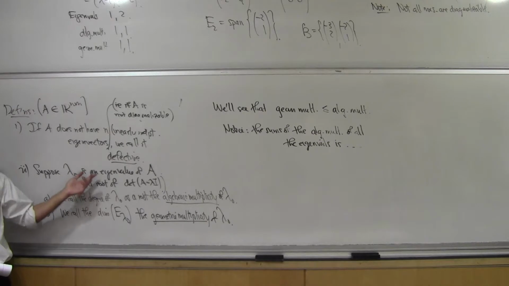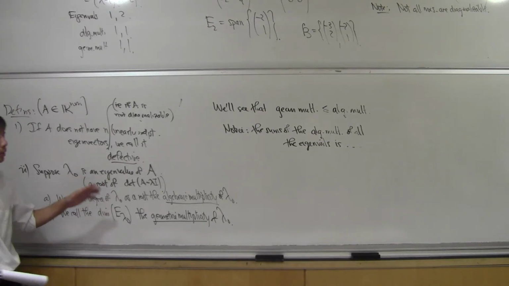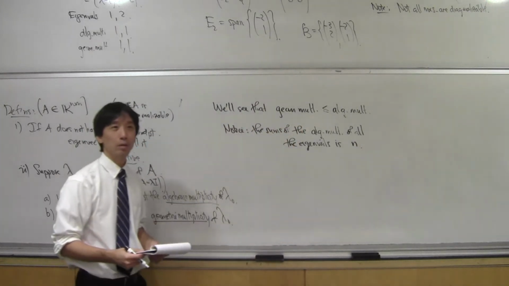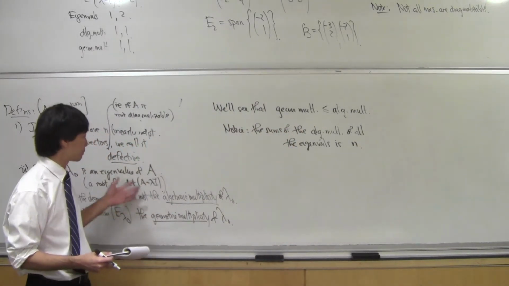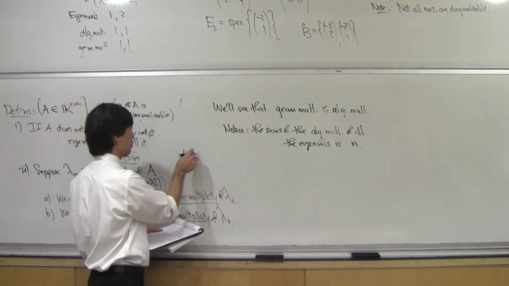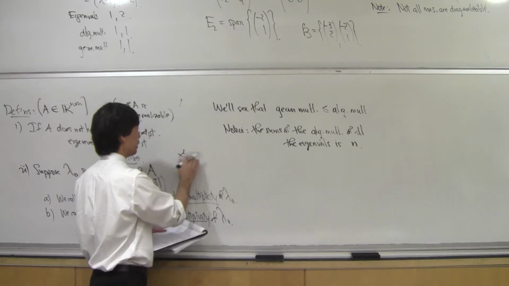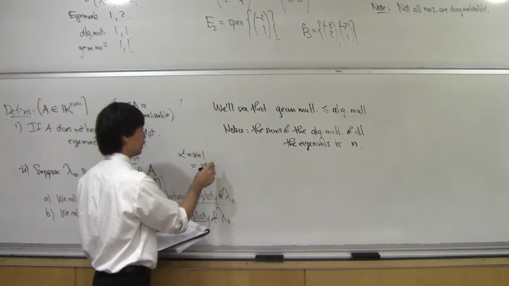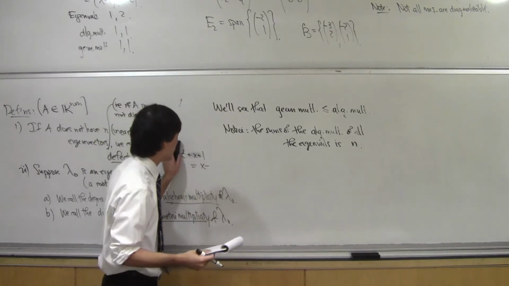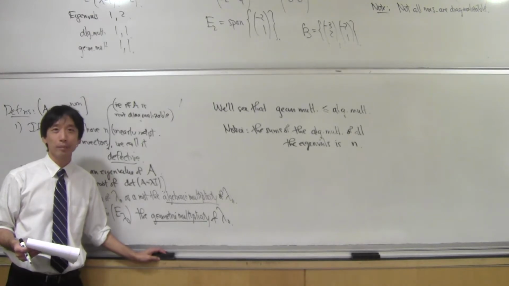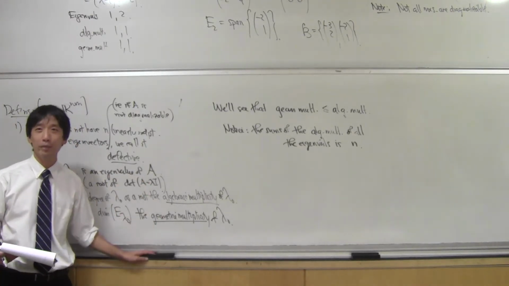So all those degrees are going to add up to n. If you have a quadratic, then it factors, and the number of roots you have is equal to the degree of the polynomial. That's the fundamental theorem of algebra.